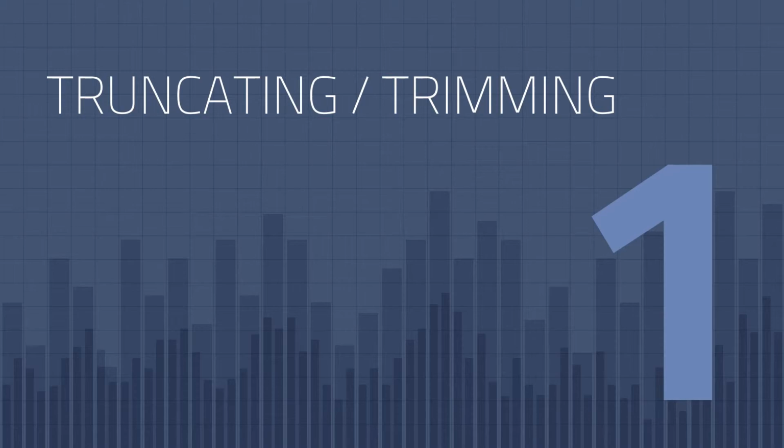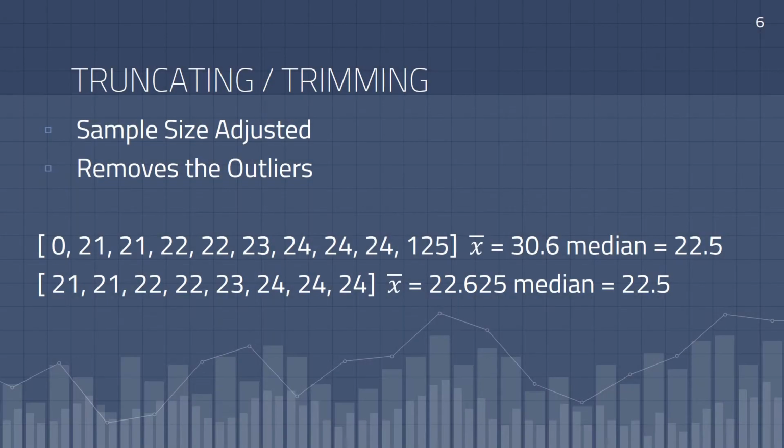The first one I'm going to chat about is truncating or trimming. Truncating and trimming is when you reduce your sample size by removing outliers. So if we mathematically or statistically identify a couple of outliers, for instance, in this data set below, 0 and 125 are considered outliers. When we keep them in the sample, we notice that our mean is 30.6, our median is 22.5.